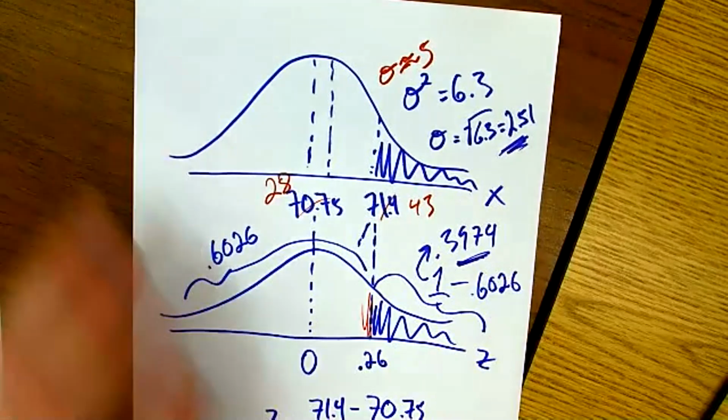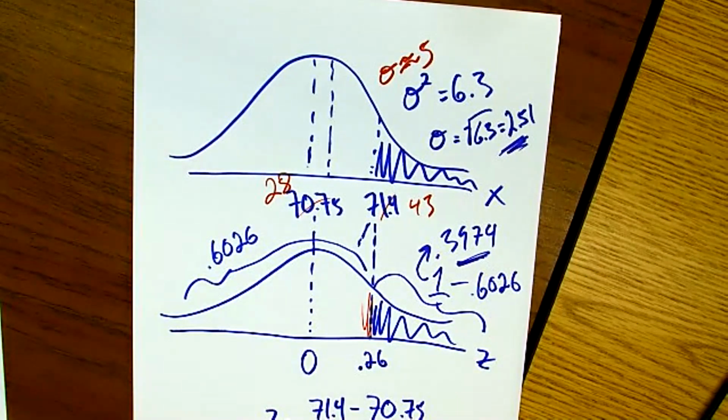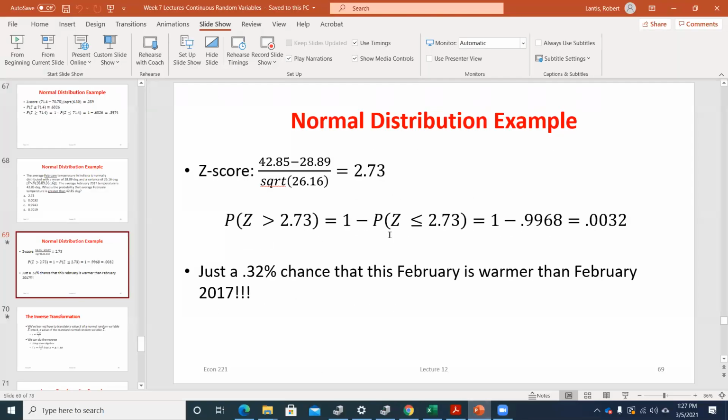We'll subtract that from 1, and we get about 0.0032. Because it was so far away from the mean, it's very unlikely that we see something that far away from the mean or further. In fact, there's only a 0.32% chance that this next February will be warmer than the February in 2017. Okay.